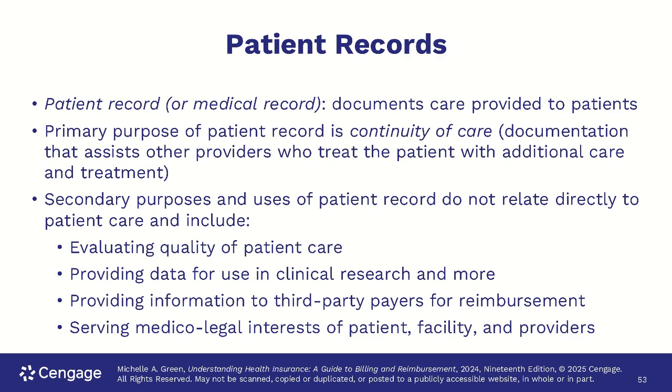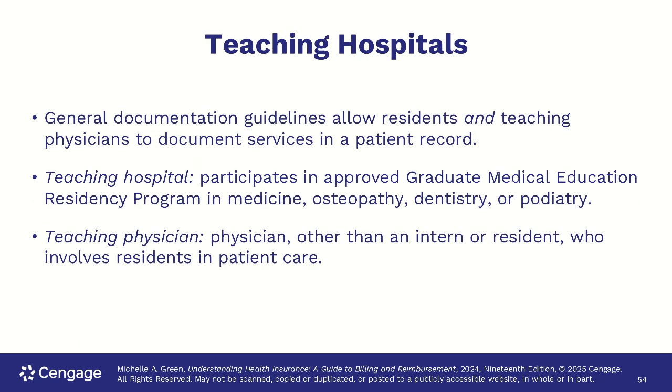And so combined with those two, the goal is to have a patient record that has what is needed so that when the patient goes from one provider to the next, that second provider gets the documentation. They don't have to repeat tests that maybe the patient just had. But also, they can see what happened and continue the care. It's known as continuity of care.